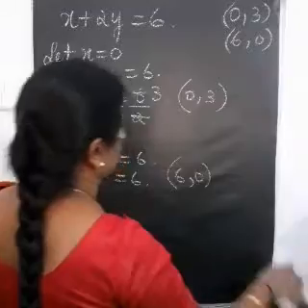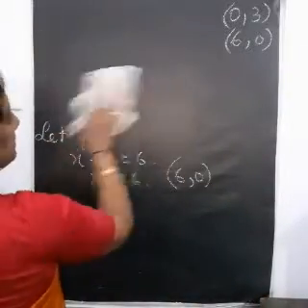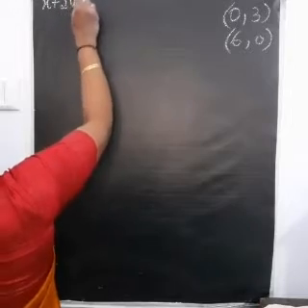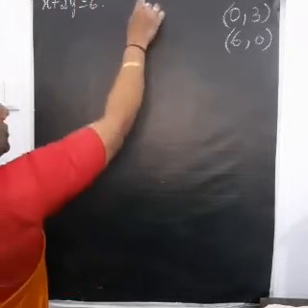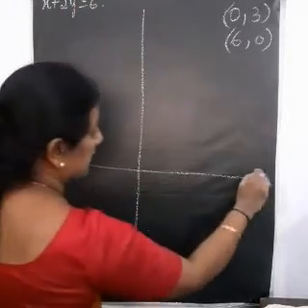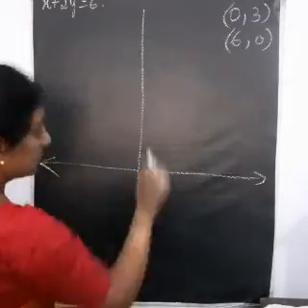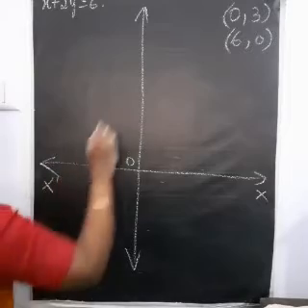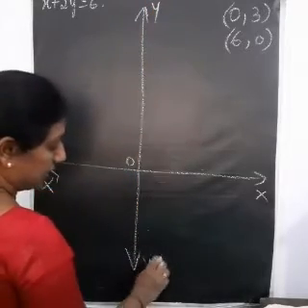Now let us see how we can plot it graphically. So the equation was x plus 2y equal to 6. Draw the x-axis and the y-axis and the origin. So this is my x-axis, this will be x dash, y and y dash.